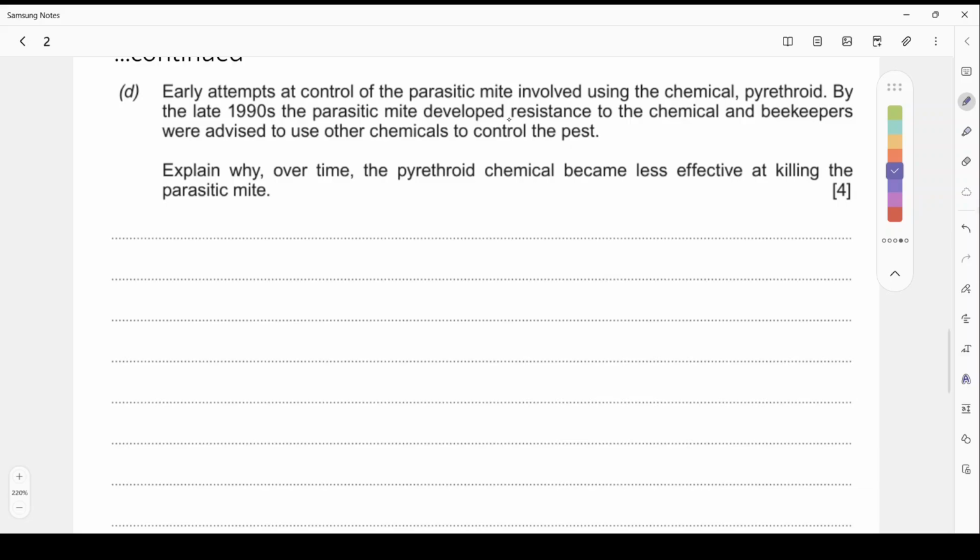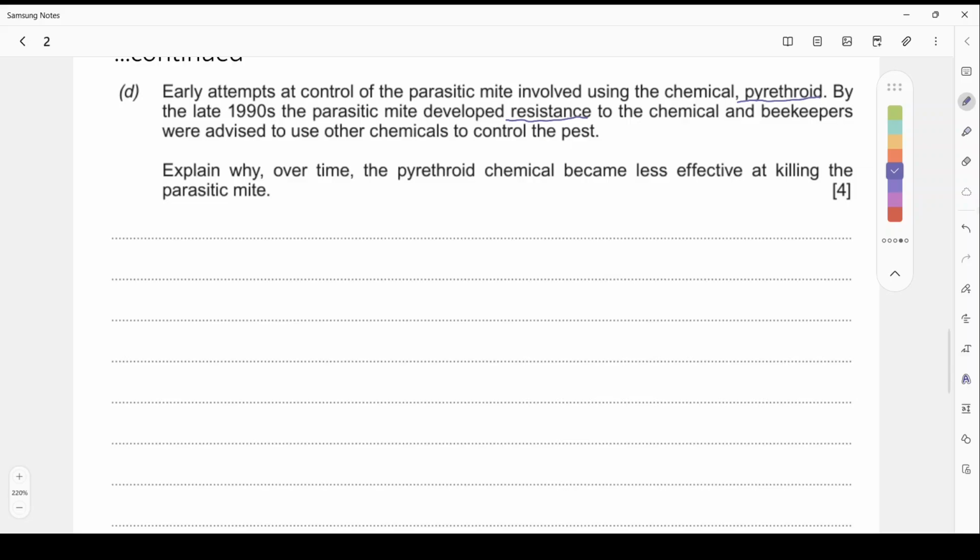So this is similar to antibiotic resistance, but instead we're talking about the parasitic mite's resistance. So first we have to talk about where this resistance is coming from, and that is coming from mutation. So there is a mutation in a gene in that parasitic mite that caused it to become resistant to the pyrethroid.